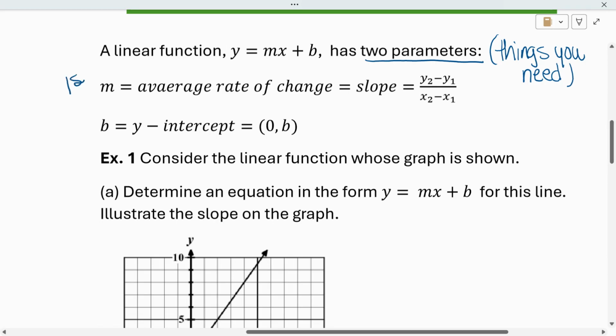The first one is the slope. Remember that m stands for slope. It's the average rate of change, and it's calculated when you're given two ordered pairs as y2 minus y1 over x2 minus x1. A lot of times you will see me write the change in y over the change in x.